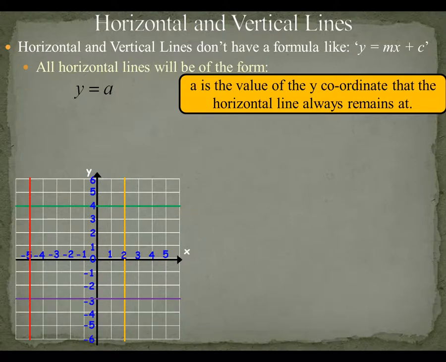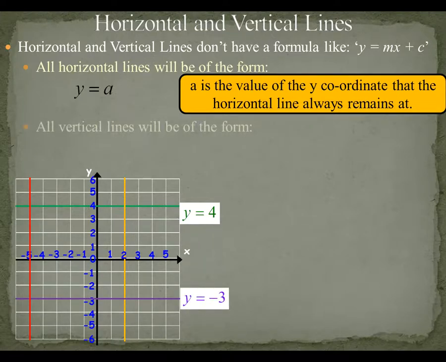So taking our green example there, it's an equation of y equals 4. So yes, it does have the y equals part for the equation, but it's just y equals a constant term, and that constant term will be the y coordinate it will always remain at, because it's horizontal. The purple example of a horizontal line there is simply y equals minus 3.